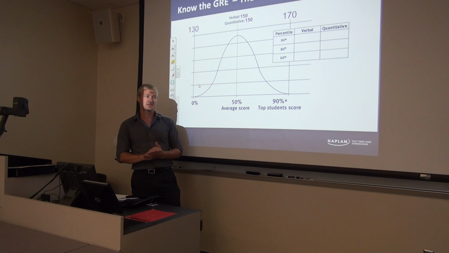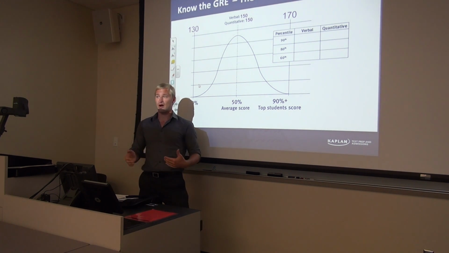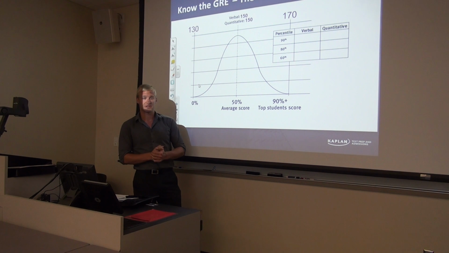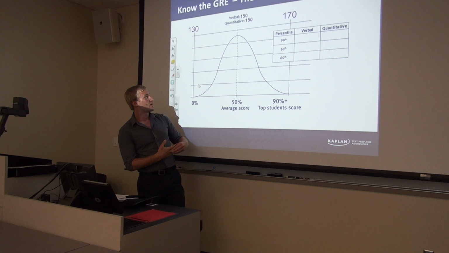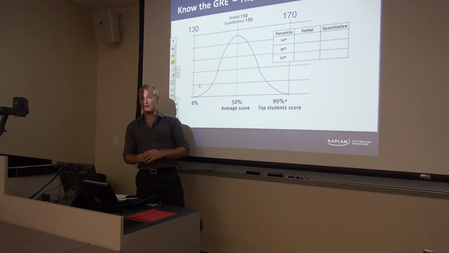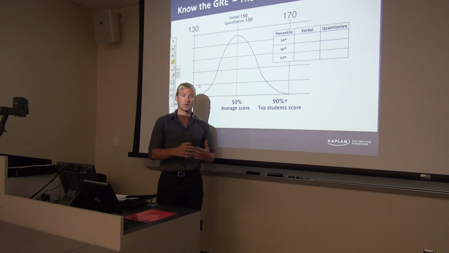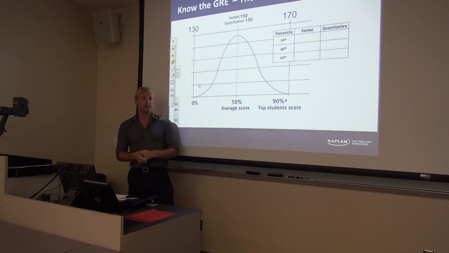Usually you keep those numbers separate, particularly because different programs will have different requirements for each thing. So instead of looking for a 310, they might be looking for a 160 on the quantitative and a 150 on the verbal, depending on exactly what they're looking for, depending on, as was mentioned earlier, what the theory of that program is, what's important to that program. They might have different requirements for that.